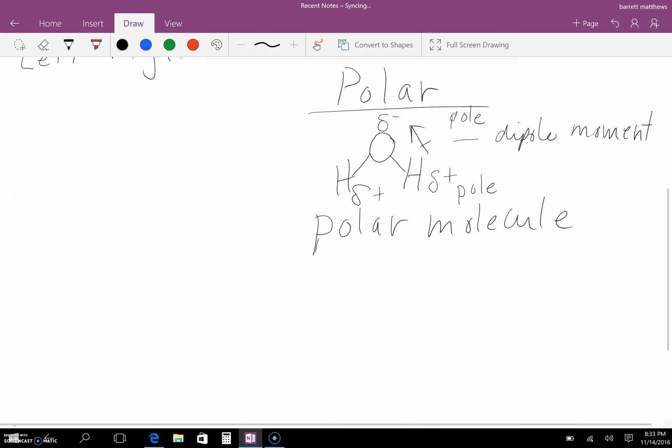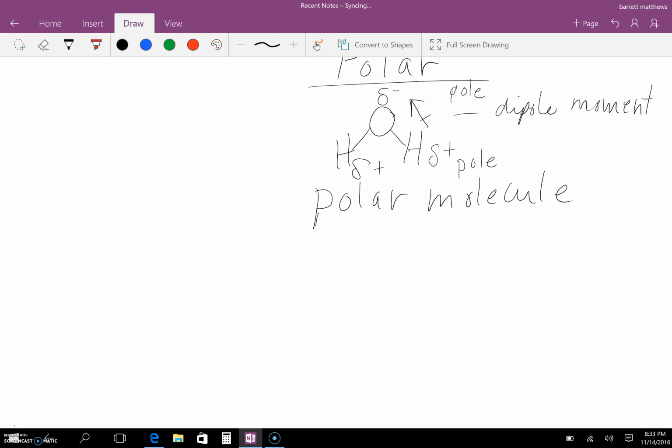Now, if there is the same difference, but there is some kind of symmetry, then there won't be a great pull because it will equal it out. So anytime an element is surrounded by the same thing, like let's take a look at CO2, we see that carbon will be surrounded by oxygen.